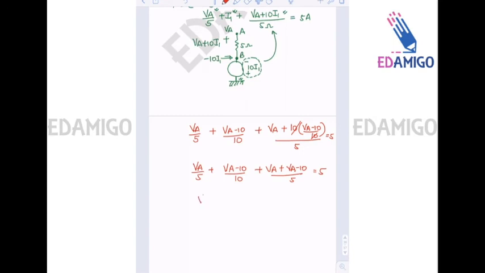So VA divided by 5 plus I1, which is VA minus 10 divided by 10, VA plus 10 I1, that is 10 into VA minus 10 divided by 10. Okay, so this will cancel.